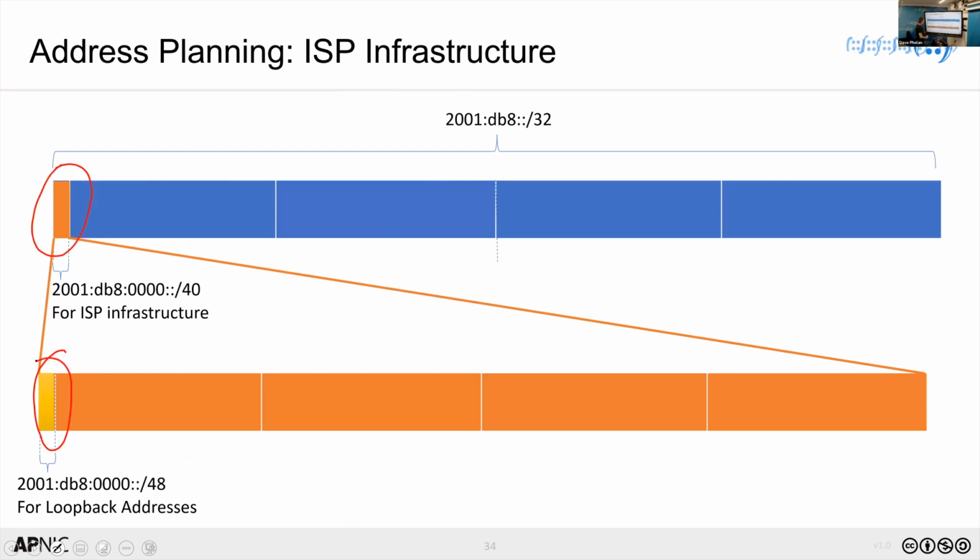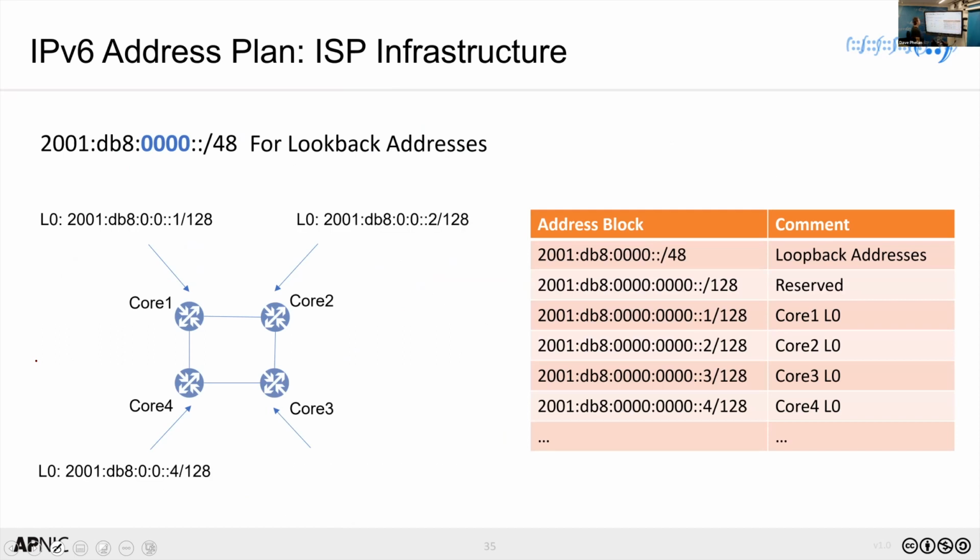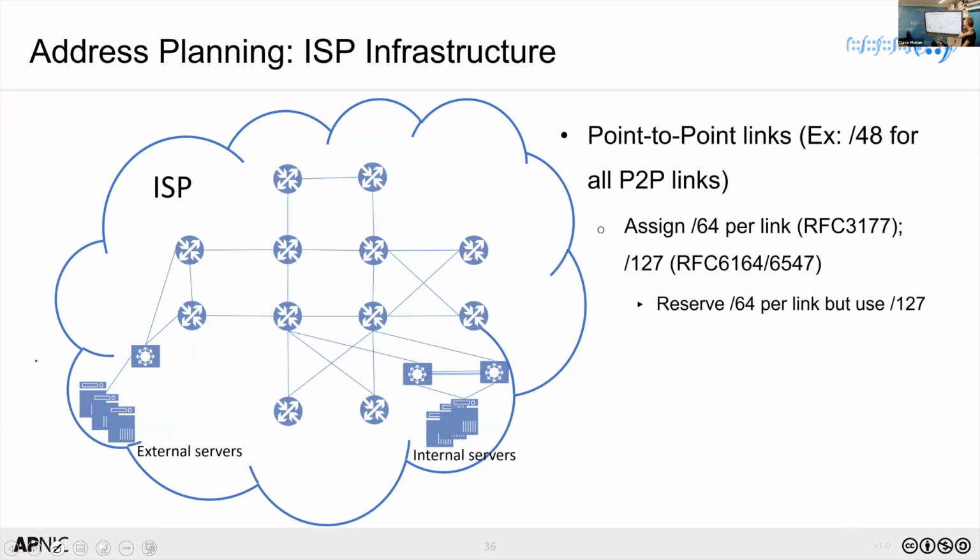I've got this tiny little chunk down here for my loopbacks. And I go and assign them: 1, 2, 3, 4, and so on and so forth. For our point-to-point links, again, we might use a /48 for our point-to-points.